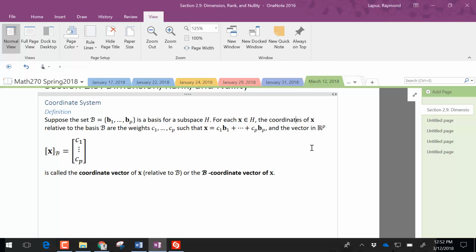Suppose B1 through BP is a basis for a subspace. The coordinates of x relative to the basis B are the weights, so that you can write x as a linear combination of those B vectors.